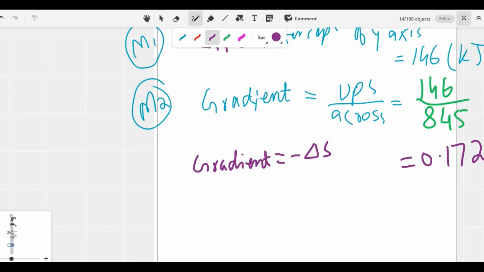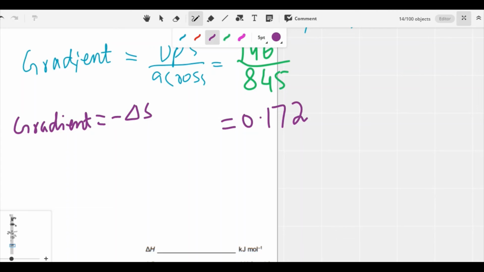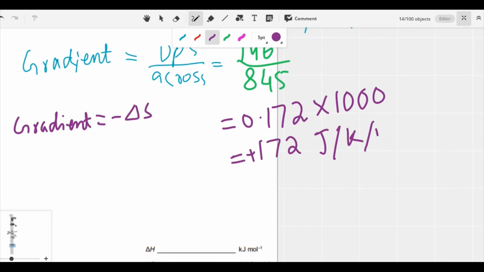So here you need to convert again because that is in kilojoule per mole, so you need to convert into joules per Kelvin. So here we have to multiply by 1000, so that will equal 172, and that will equal joule per Kelvin per mole.